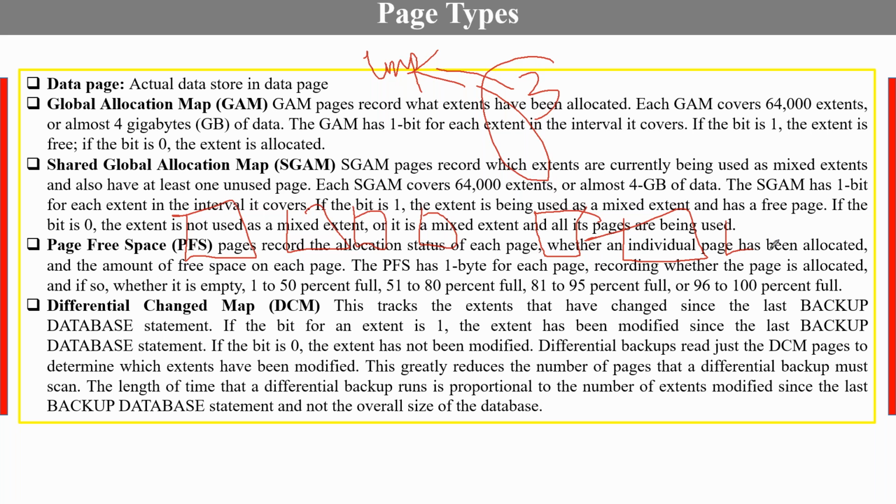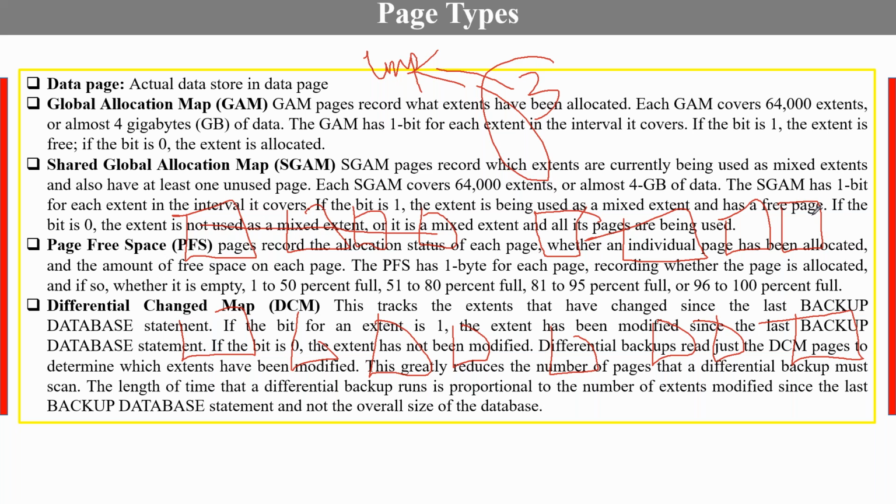Yes. Okay. So this is one extent, and this is one more extent. Assume 2 extents I'm drawing. Out of one extent, 4 pages are filled with data, and 4 pages are still free. You tried to insert data into only 4 pages. The remaining 4 pages are free.